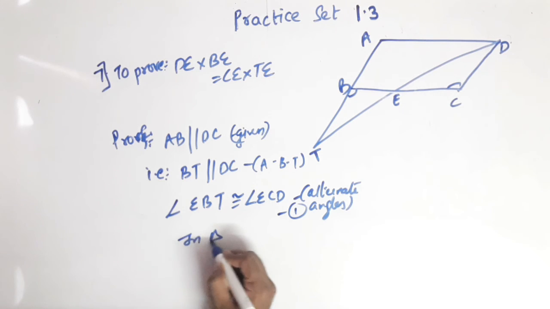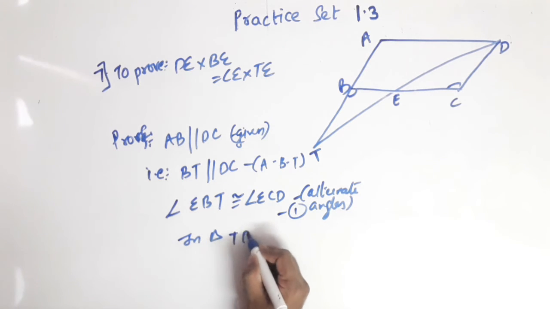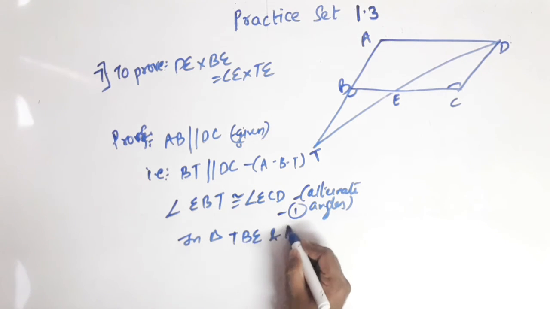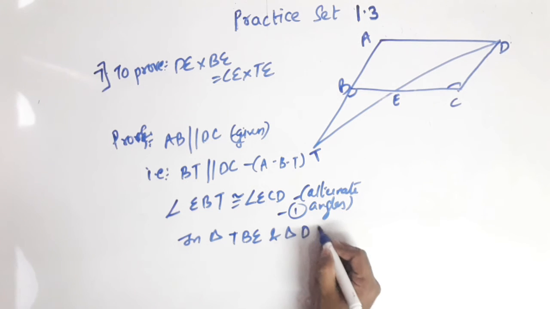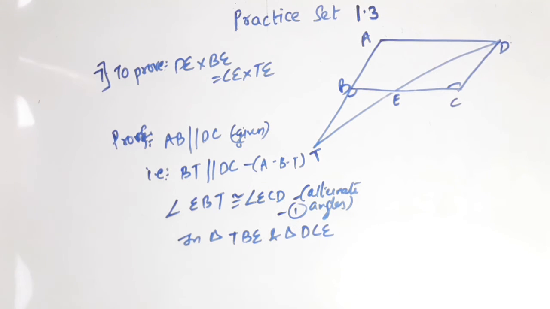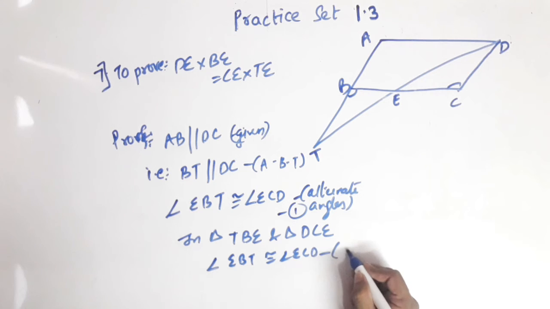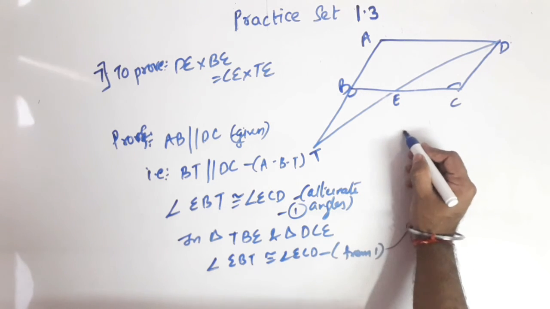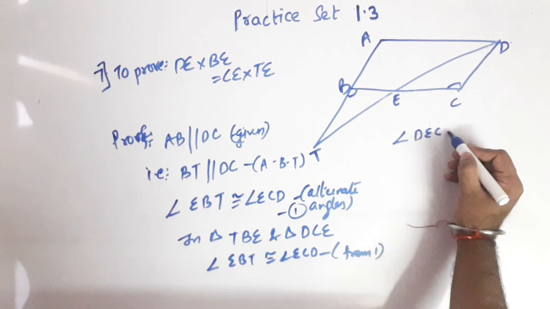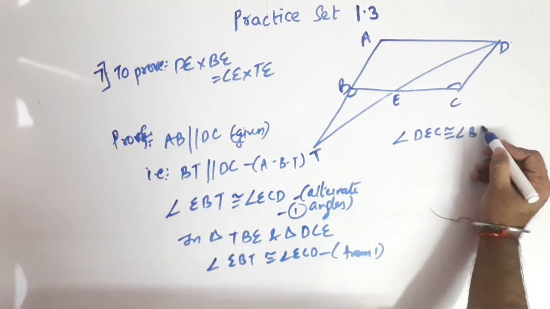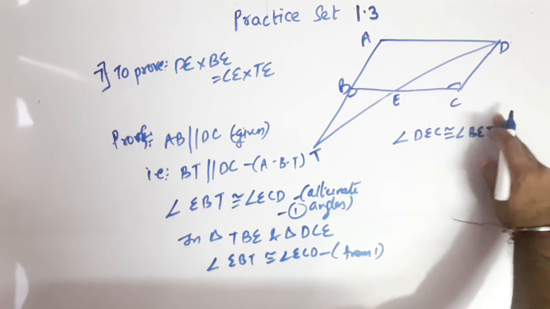Now I'll write in triangle TBE and triangle DCE. First I'll write angle EBT congruent to angle ECD, this is from 1, and angle DEC congruent to angle BET. This is what?